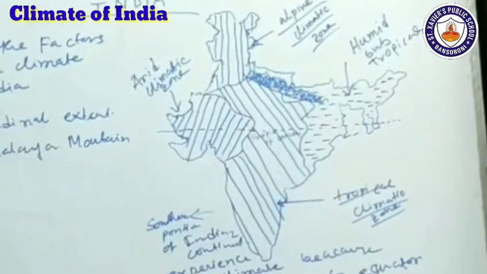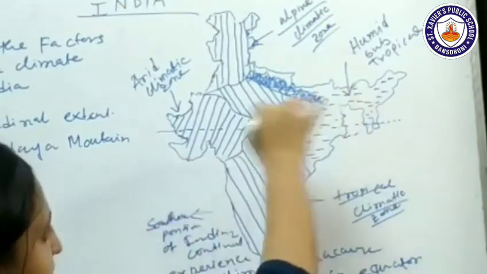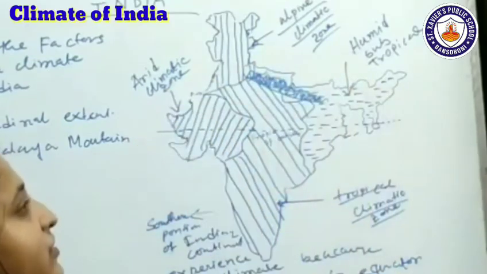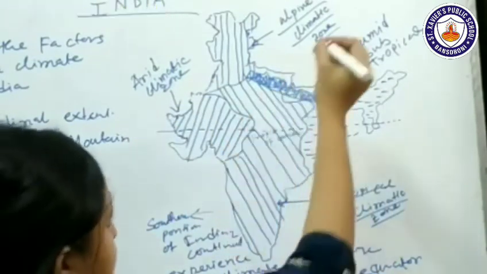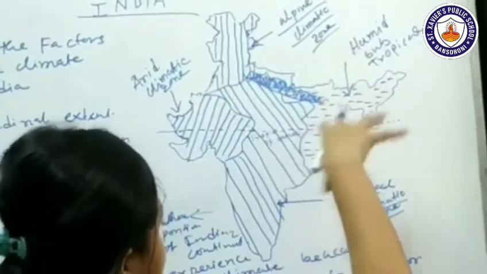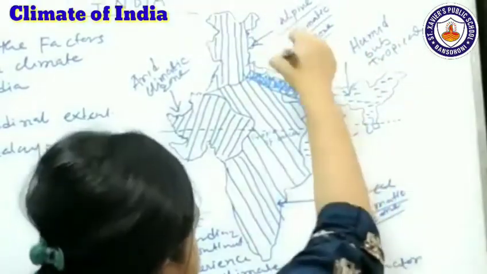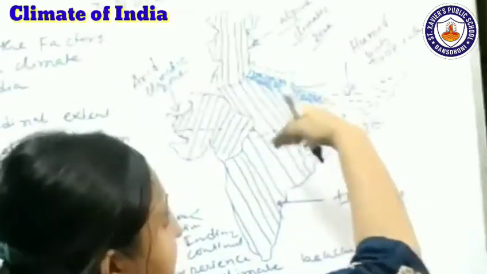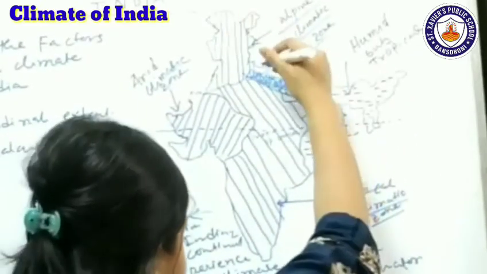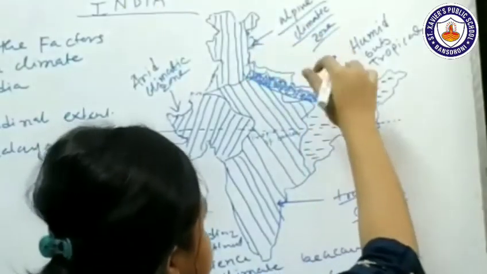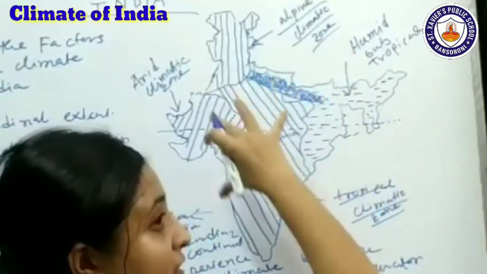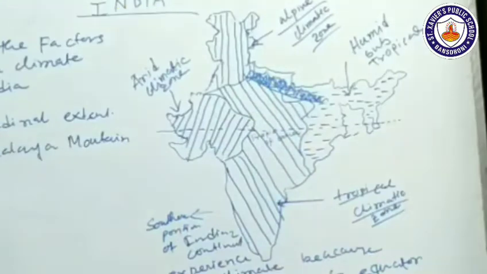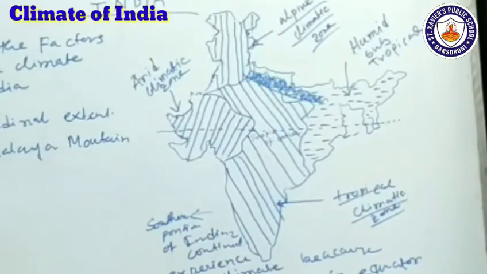The Himalaya mountain acts as a barrier because it controls the southwestern monsoonal pathway, and also helps to block the cold winds coming from China and all. So the winds are stuck and don't get over the Indian subcontinent. So the second factor is the Himalaya mountain. What about the third?